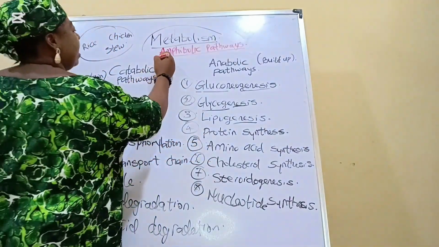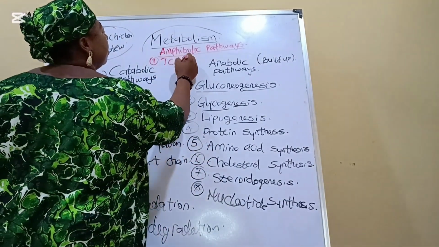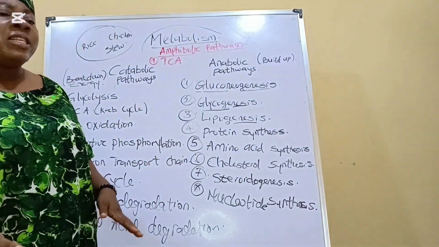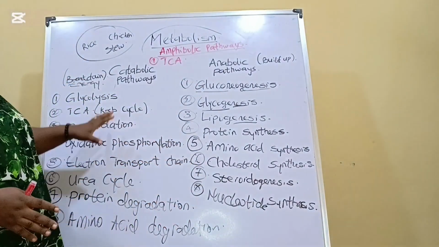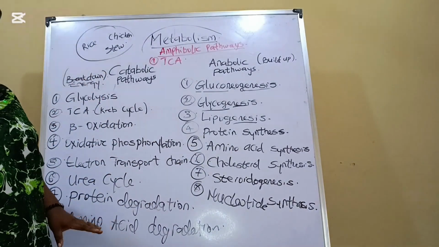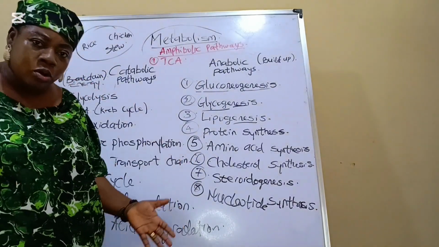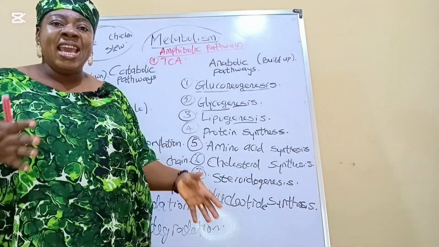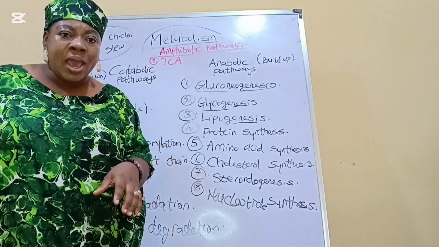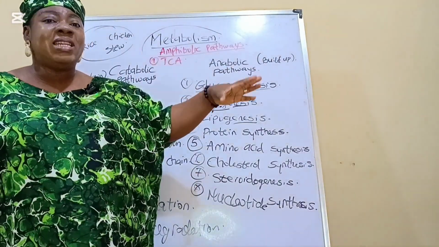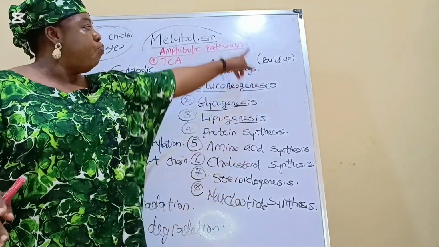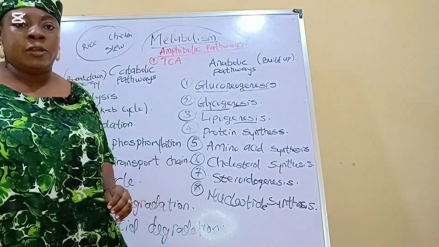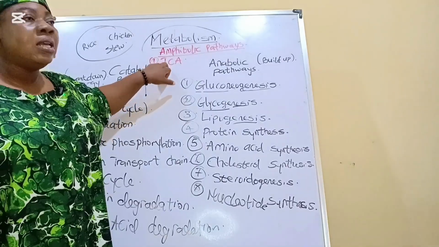Amphibolic pathway. Number 1 example here is TCA, the citric acid cycle. From there you break down acetyl CoA, and it releases energy. From there also, the intermediates of that pathway can enter into different pathways to build up new products. So number 1 under that is TCA.